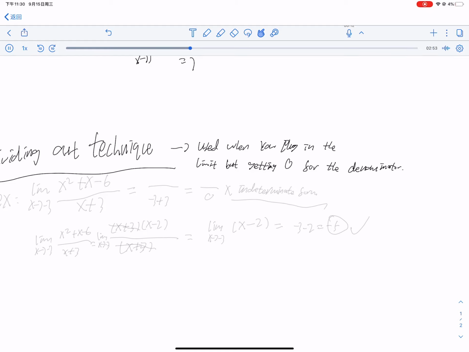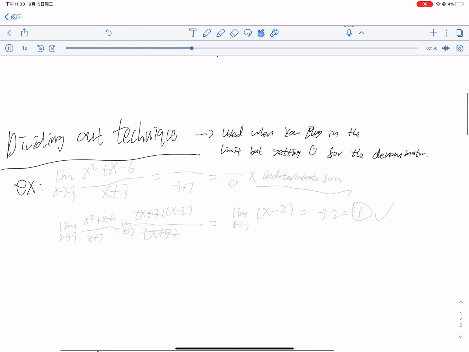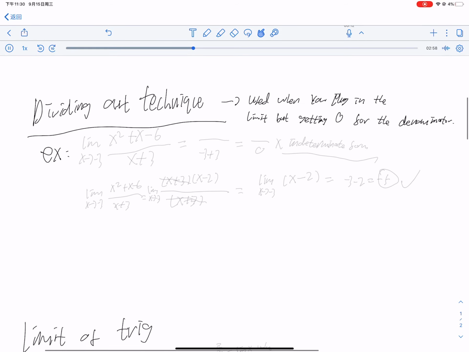So for example, the limit as x approaches negative 3 of x squared plus x minus 6 over x plus 3.